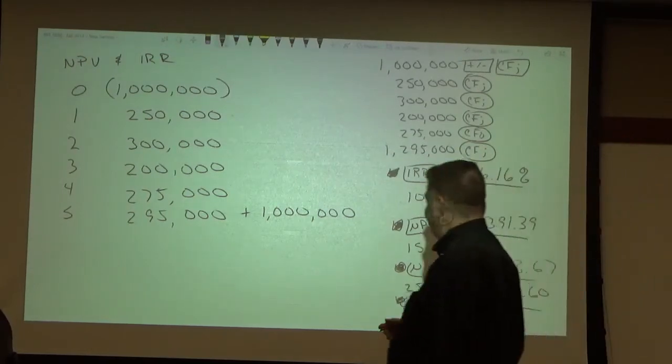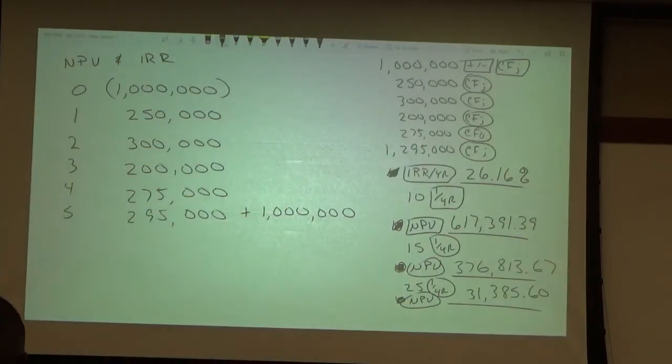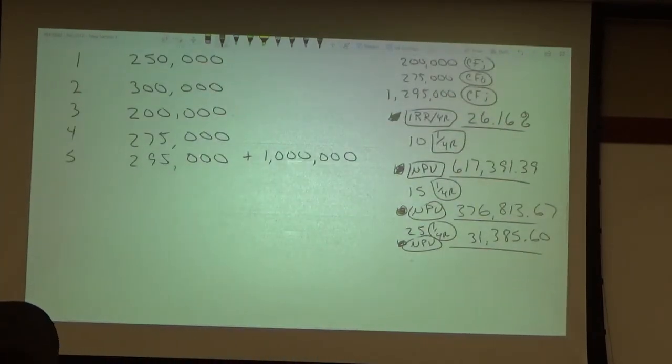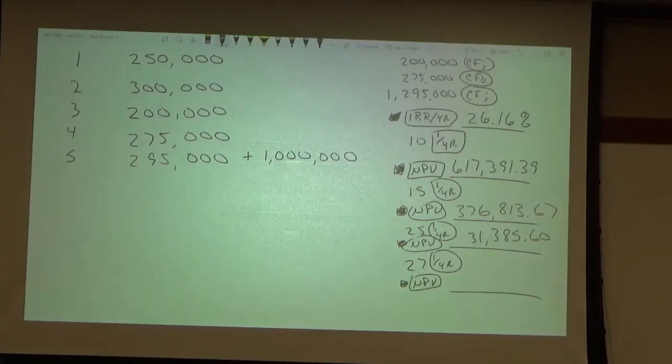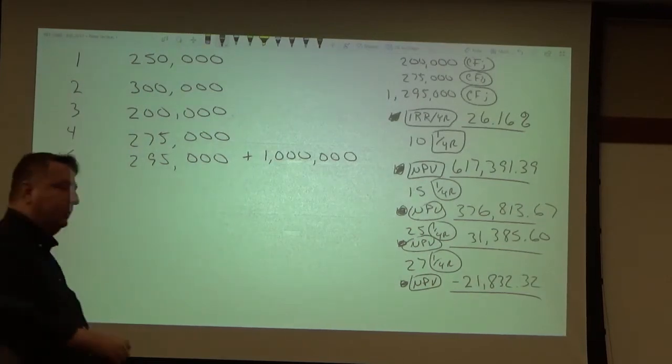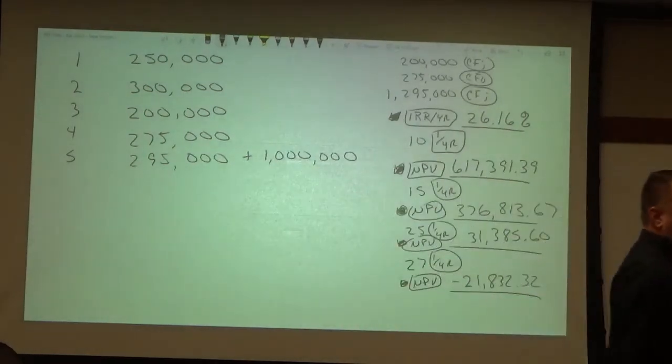So let's put in 27%, slightly above the actual return on the project. Now we should end up with a negative net present value, in this case negative $21,832.32. So once again, we haven't met our hurdle rate.